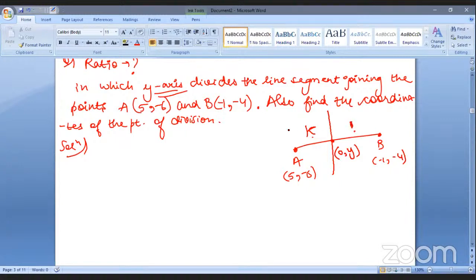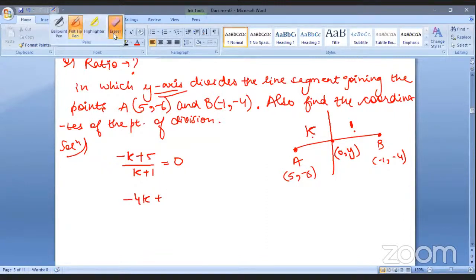Okay. And so let us find it. (-k + 5)/(k + 1) = 0 for x, and (-4k - 6)/(k + 1) = y.